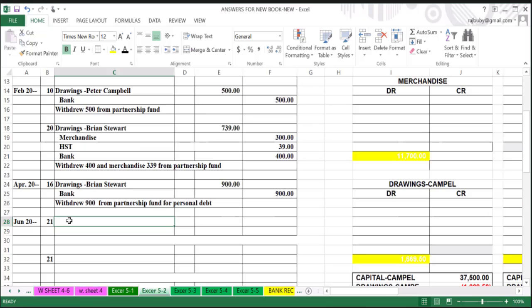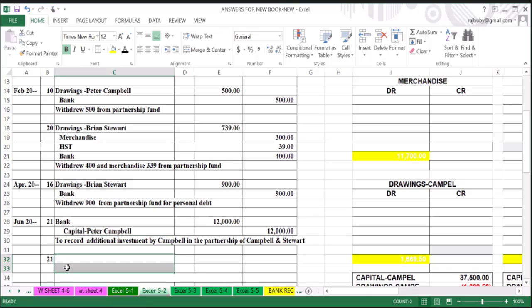Okay, we should create the entry for Peter Campbell, 12,000 cash for bank, right? It is debit. Yes. And also the same thing with Brian Stewart, drawings is debit.